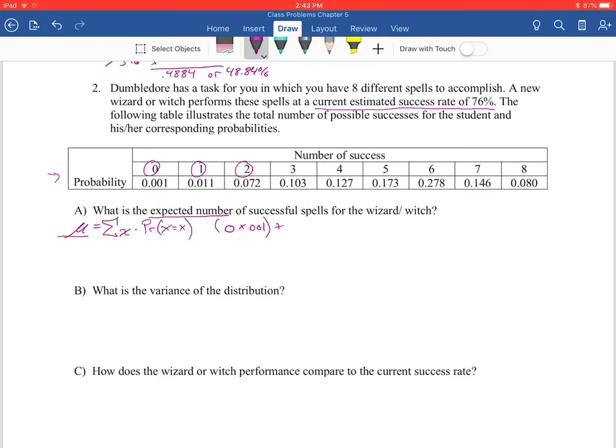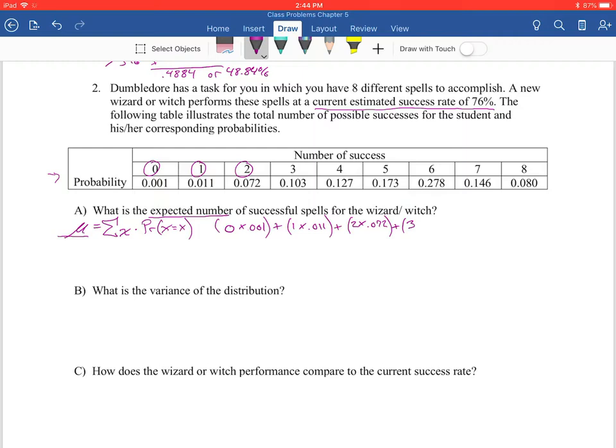And then we're going to add that to the x of 1 spell being cast, times the probability of 1 spell being cast. And we do this for each one of these. So 2 times the probability of 2 being cast, 0.072. And we do this across every one, and we're just adding up our values.